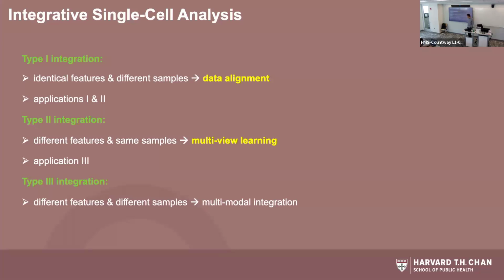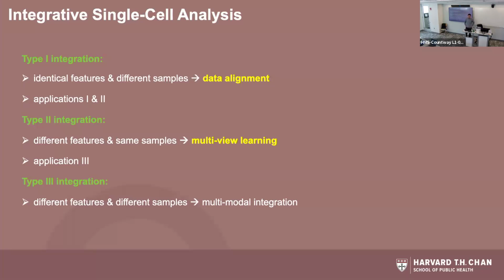The third type of integration task, which is more challenging, is a kind of mixture of the previous two, sometimes also known as multi-omic study with unpaired data. You have a measurement of gene expression for a bunch of cells, but copy number variation for another bunch of cells.